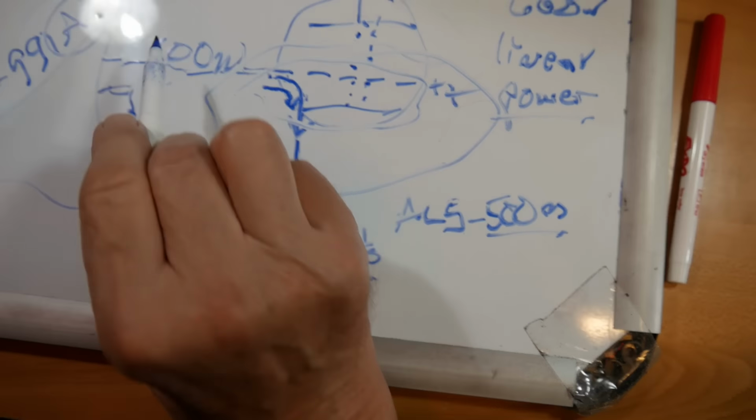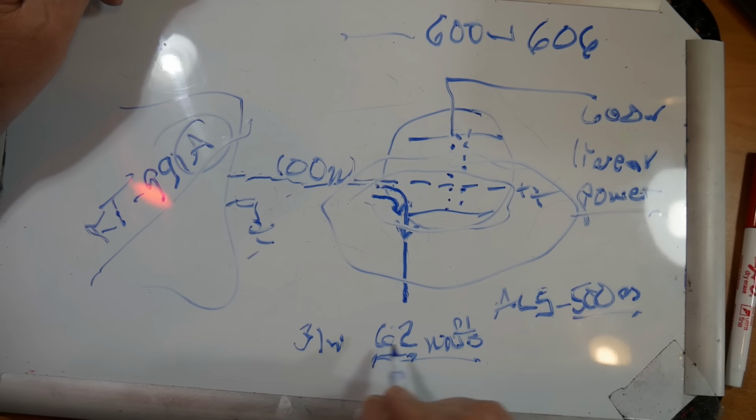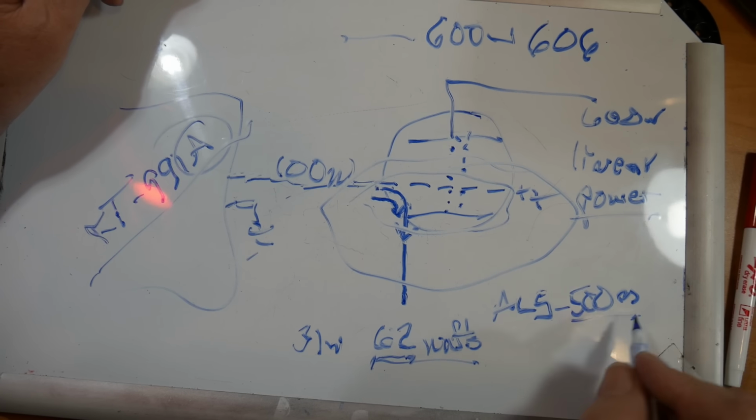This is the actual drive I need. If I were to drop that to 31 watts, what happens to the output? It's no longer 500 watts, it's now 250 watts. Remember, linear. So if this doubles up to the max, this is the max drive you're supposed to put into the thing, it'll double the output. If you're only putting in 15 watts, it'll drop by half again, 125 watts out.